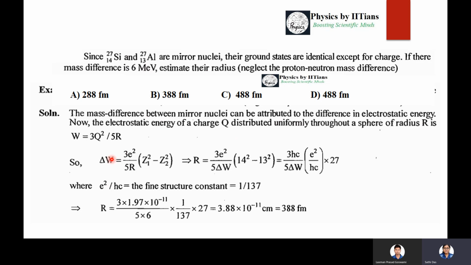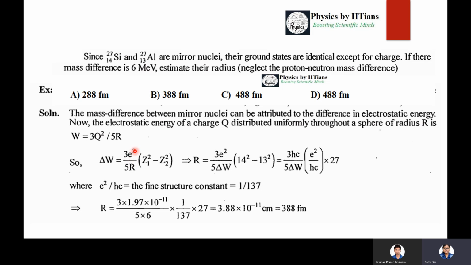So delta W, the change in electrostatic energy, is 3e square by 5R into Z1 square minus Z2 square, because the mirror nuclei differ only by 1 unit of charge, right?